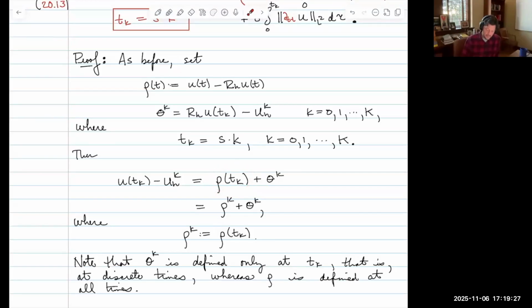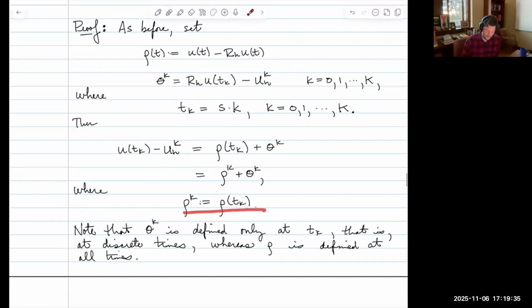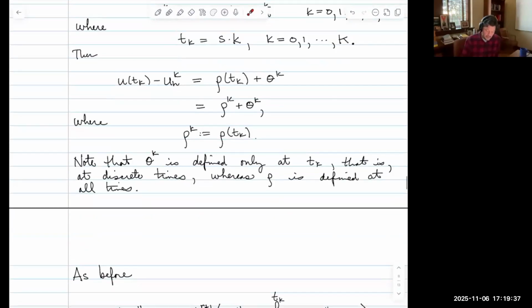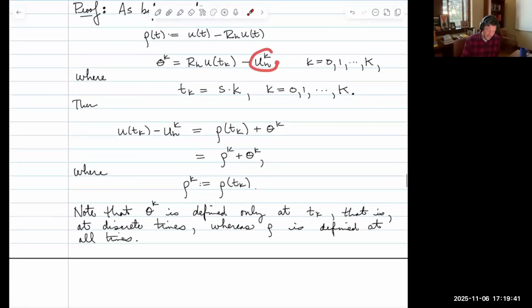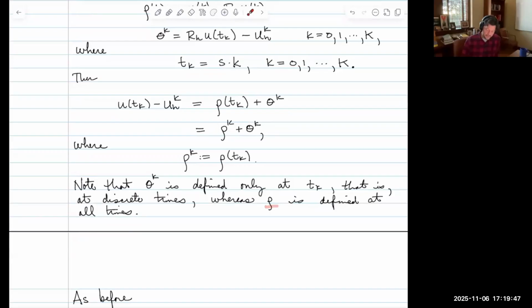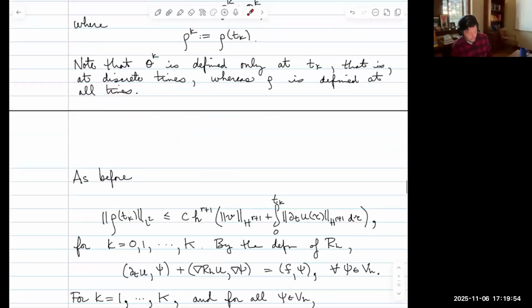I can just define this object as rho^k. This is not a power, by the way. This is a superscript indicating time, which is defined this way. So again, this is only defined, like my approximation, at these discrete times t_k, whereas rho is defined at all times, but I can always restrict that to the discrete times that I'm interested in.